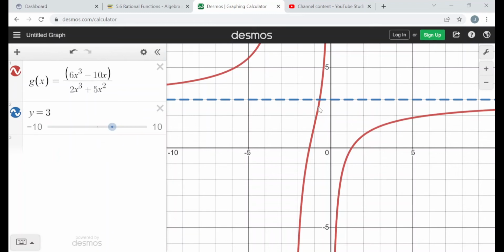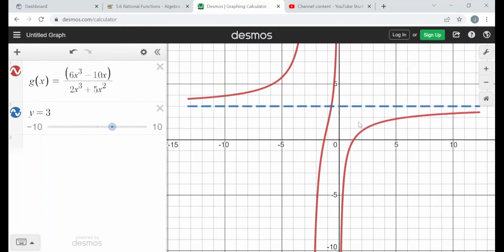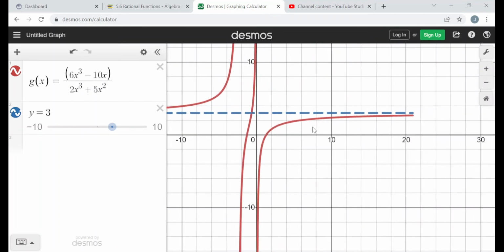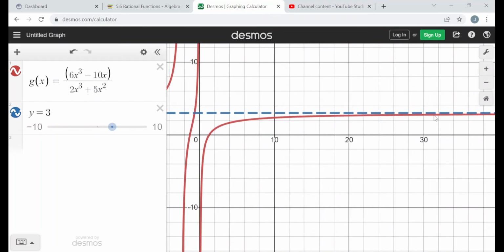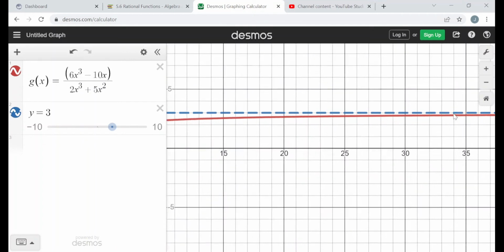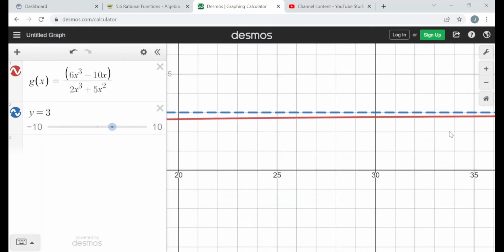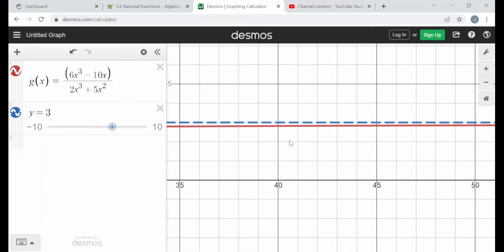Okay, now again, all that this horizontal asymptote, slant asymptote, y equals quotient asymptote stuff is talking about is the end behavior. Do you see, if I zoom out here, as you go to the far right, how the graph is approaching y equals 3? It's approaching that dashed line as x goes to infinity.